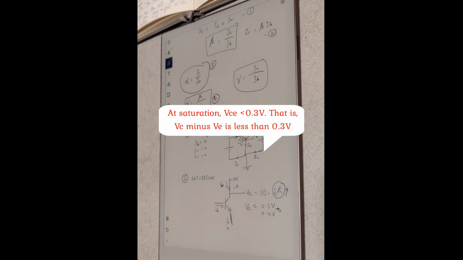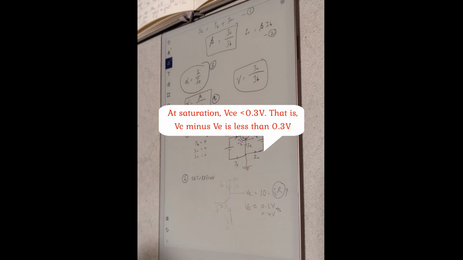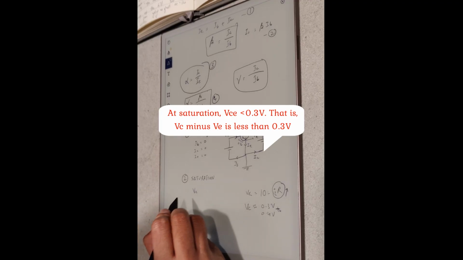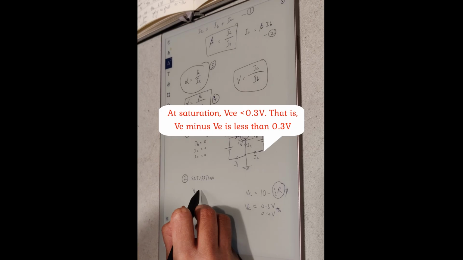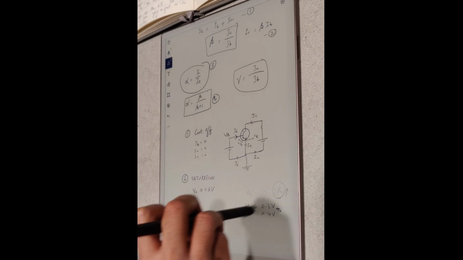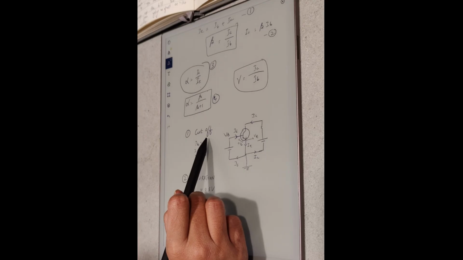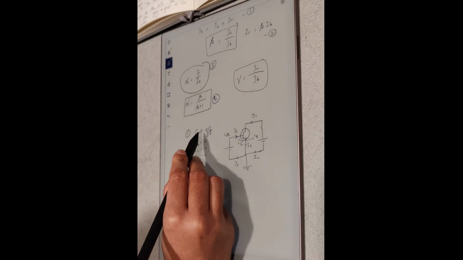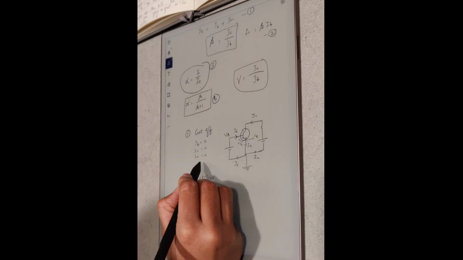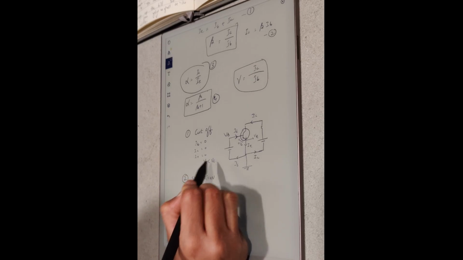Let me erase this and write that fact here: VC at saturation is somewhere equal to 0.3 or 0.4 volts. Let's just keep it 0.3. And one more thing: in this specific case, when you have a cutoff, then VB is less than VE.